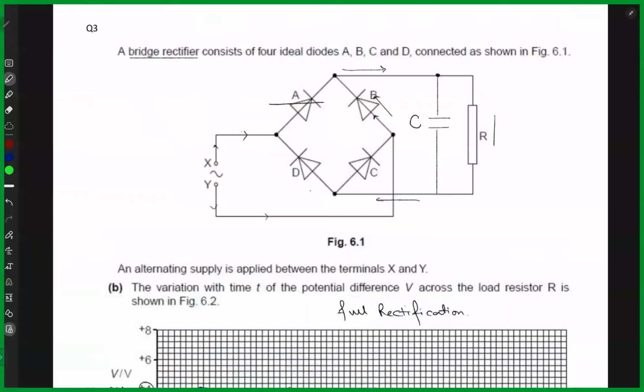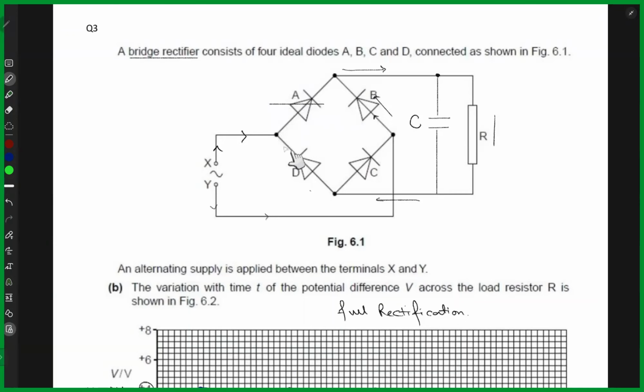So let's say that there is a break in the circuit over here. So the current, if I take this path, cannot go in this way. Why? Because there is no closed path for it to follow. The circuit is broken over there as diode A is not working anymore.